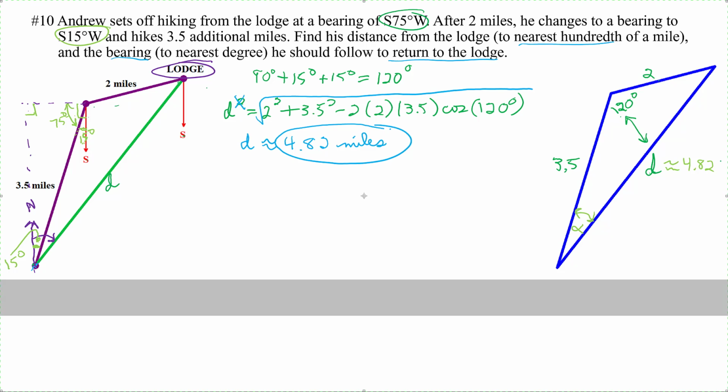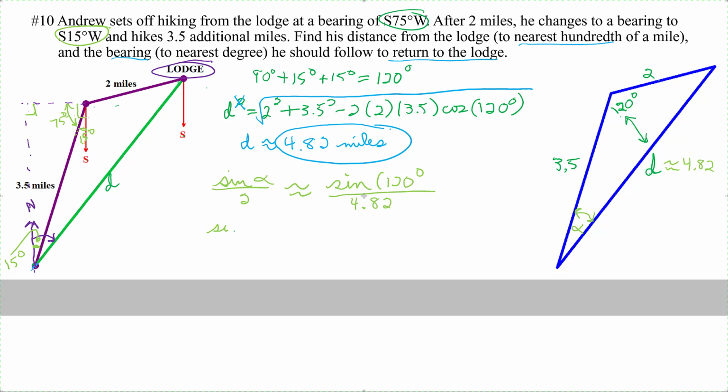So we're going to need to use the law of sines, where we're going to say, well, the sine of alpha over 2 is going to be approximately equal to the sine of 120 degrees over 4.82. Okay, so if we cross multiply there, we cross multiply and divide by 4.82.